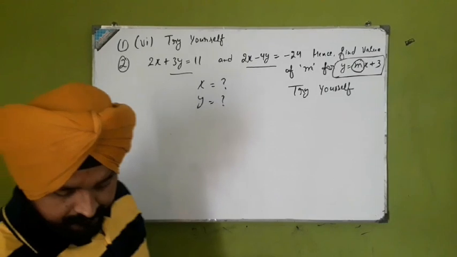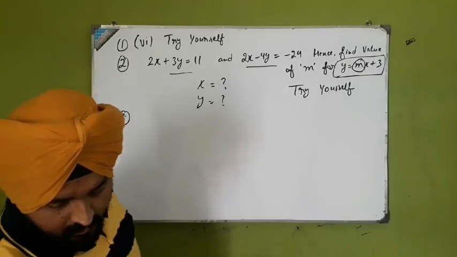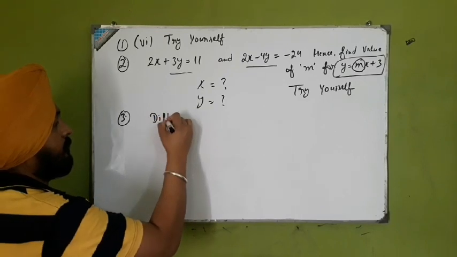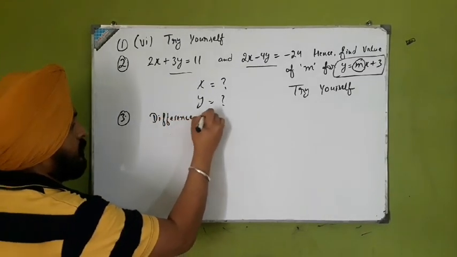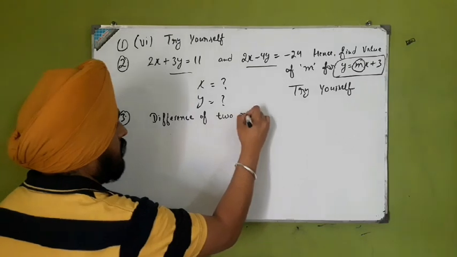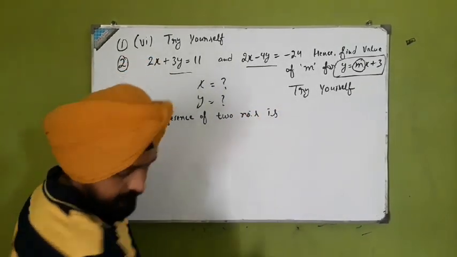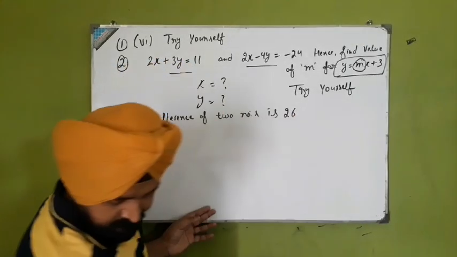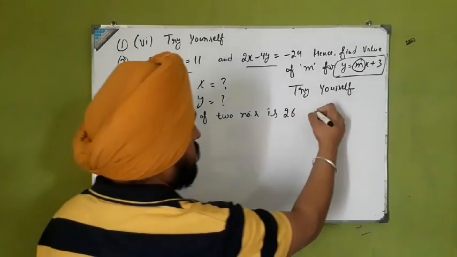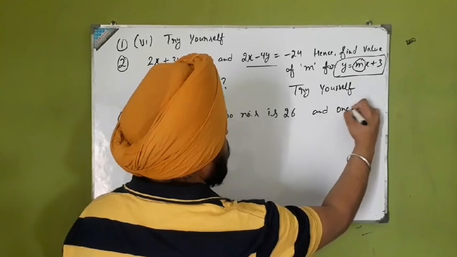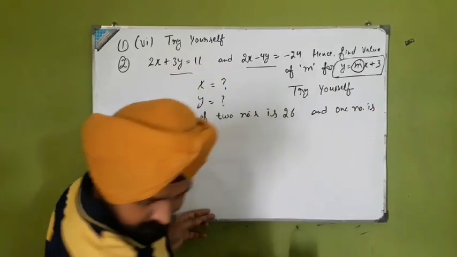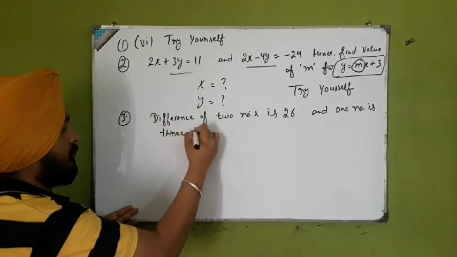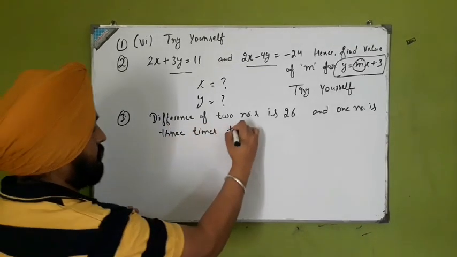They have given a pair of linear equations. The difference of two numbers is 26 and one number is 3 times the other.